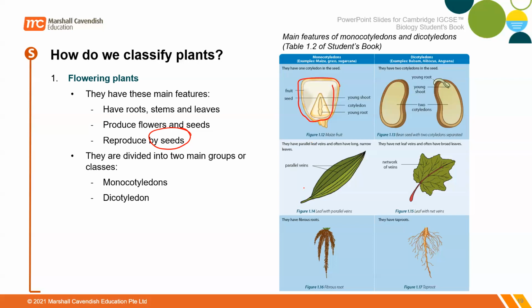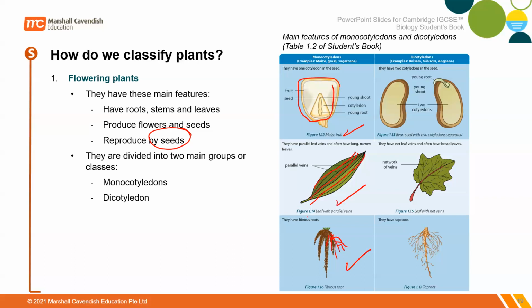It is very important to know the characteristics, guys. I have 4 characteristics you have to know about plants. Monocots have one cotyledon. Monocot plants have parallel veins like this. They have fibrous roots, like this structure.